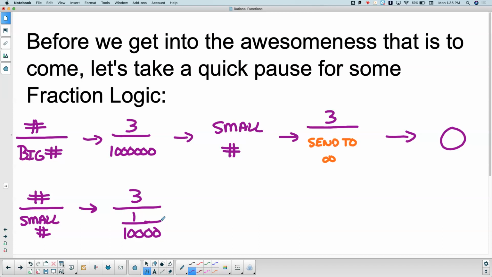The number would get bigger, right? So that would become a big number. In this case, it would become 30,000.